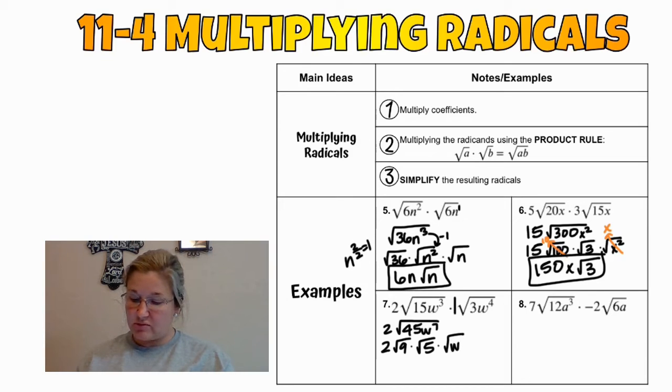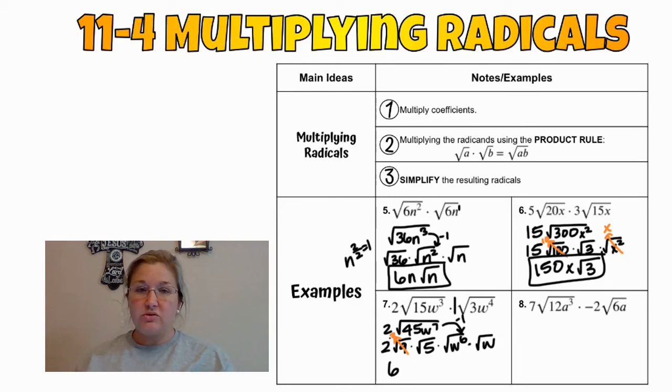to the 6. Remember, I'm going to subtract 1. That's what you do to be able to find these. Then I'm going to have times the square root of w. So the square root of 9 is going to be 3. So I have 2 times 3, which is going to make 6.